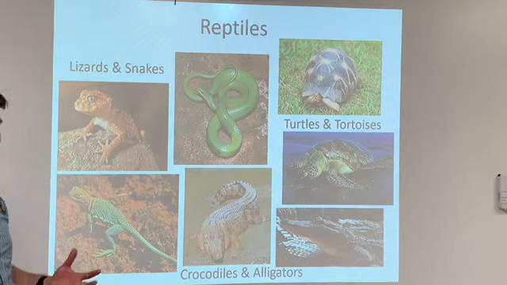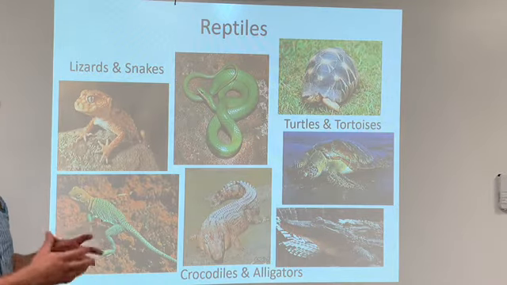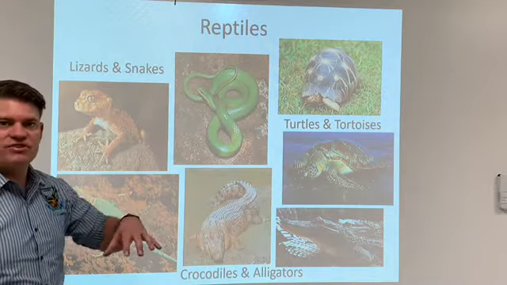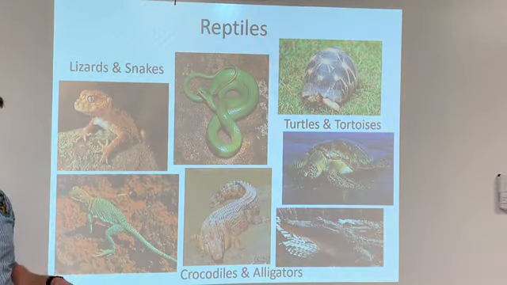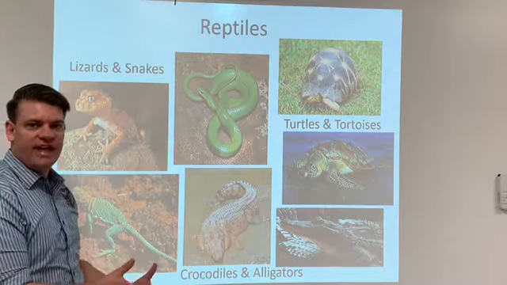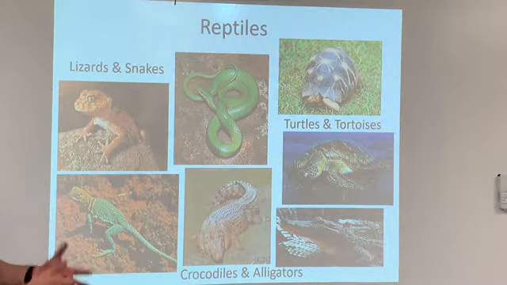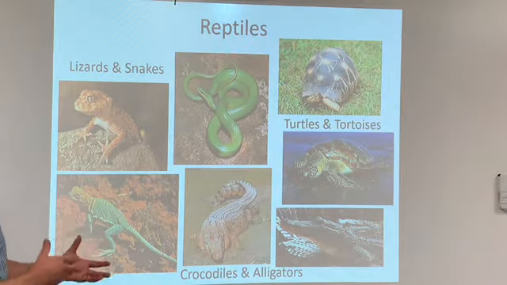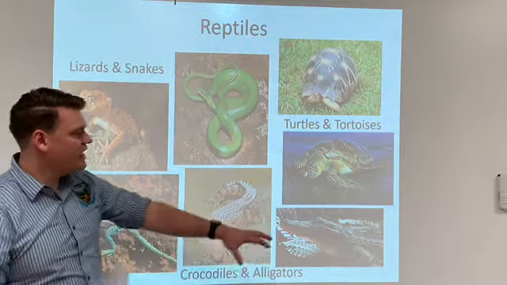A few weeks later, those eggs hatch, and those little turtles make their way back into the ocean. So even though they live in the ocean and live in water, they're actually tied to the land, because their eggs have to be laid on land. And so you see that with alligators and crocodiles.